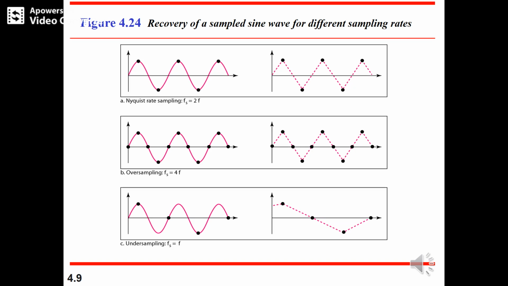Similarly for oversampling, if you oversample the signal, that is Fs equal to 4 times F, then within a single cycle we sample 4 times. The last one is undersampling, Fs equal to F. So for one particular signal cycle, we sample once.